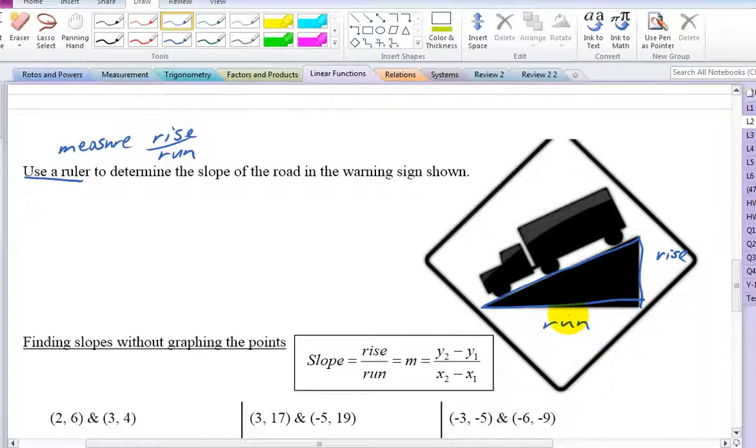Because it's an actual object, we will just worry about the size and not the direction. Okay, so go ahead, use a ruler and measure that. What unit would be appropriate to measure that with? Centimeters? I use millimeters. Okay? Use millimeters. So your slope equals rise over run.